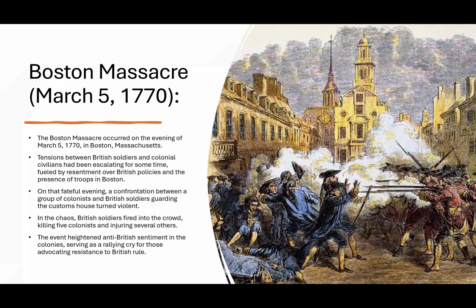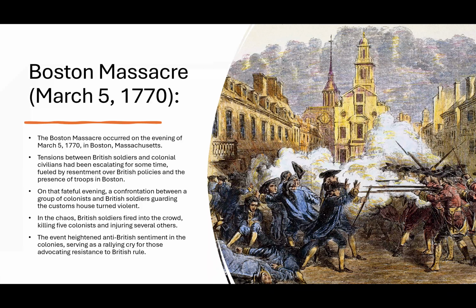The customs house is technically the same thing as what we have nowadays. All the money and those types of things would have been collected and brought to customs houses and then shipped over to Britain. So this angry group of colonists would have been confrontational with the soldiers guarding the customs house.